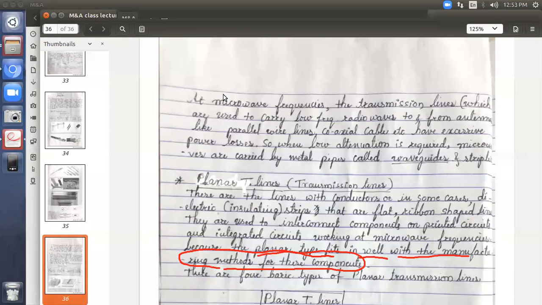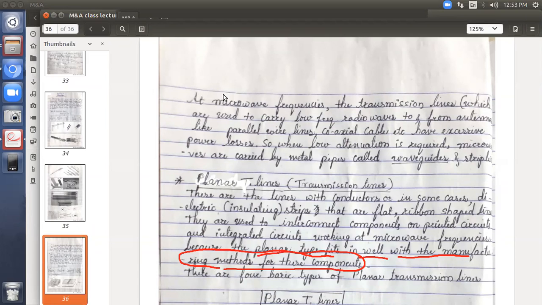So you'll be coming across certain kinds of machines. You might have heard about the CNC machine, which is mechanical related. You can look it up a little. The CNC machine is one machine which is used for manufacturing components. So under such circumstances, the structure of the strip lines fits well with the manufacturing methods we use for these components.